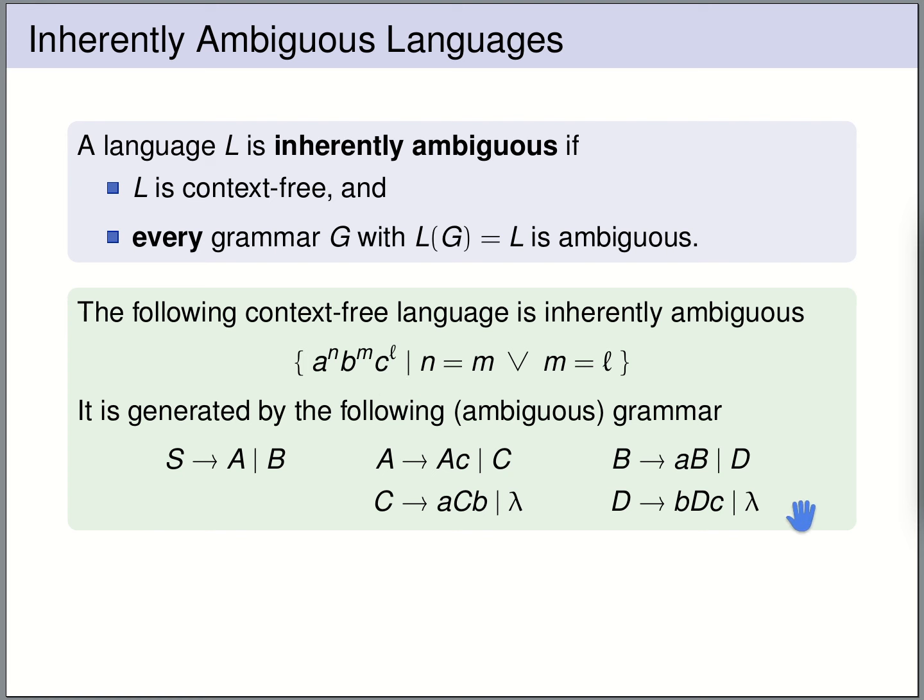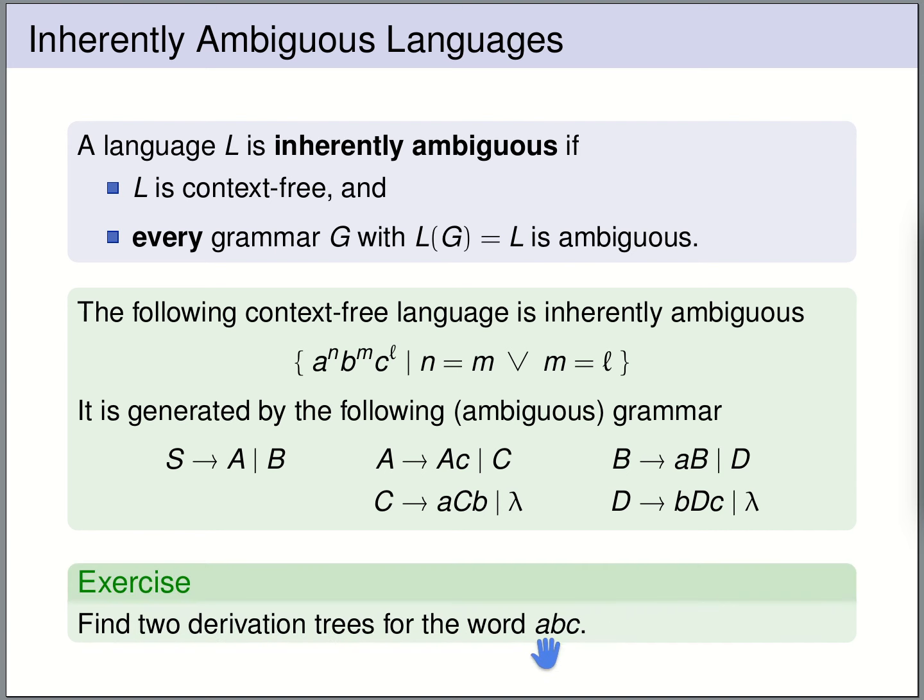One such grammar is given here. But there exists no non-ambiguous grammar for this language. So every grammar defining this language is necessarily ambiguous. So in particular, this grammar is ambiguous, and I leave it as an exercise to you to find 2 derivation trees for the word ABC.